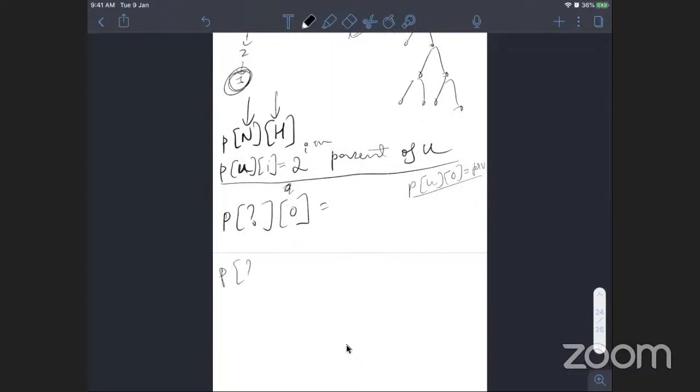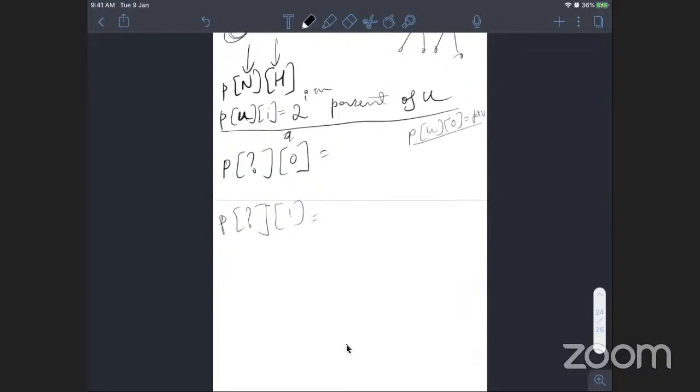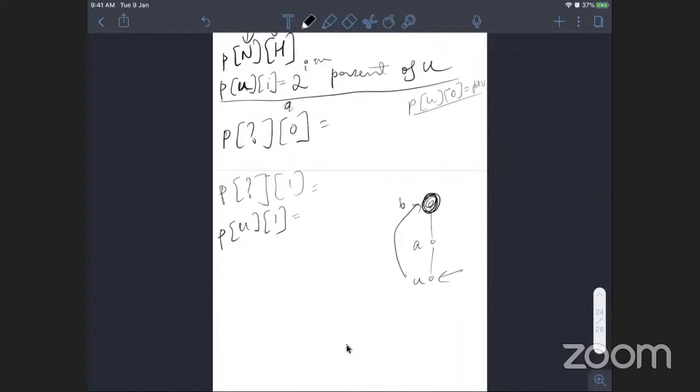Now when we come to P question mark 1s, what is P question mark 1? Okay, example, let's say we are talking about this node. Okay, in a tree, this node is U. Now what is PU1? It's this guy, right? So PU1 is basically the second parent, which is the first parent's parent. So let's say this is U, this is A, this is B. Now to calculate PU1, you need to find who's my first parent, which is A, and who's his first parent.